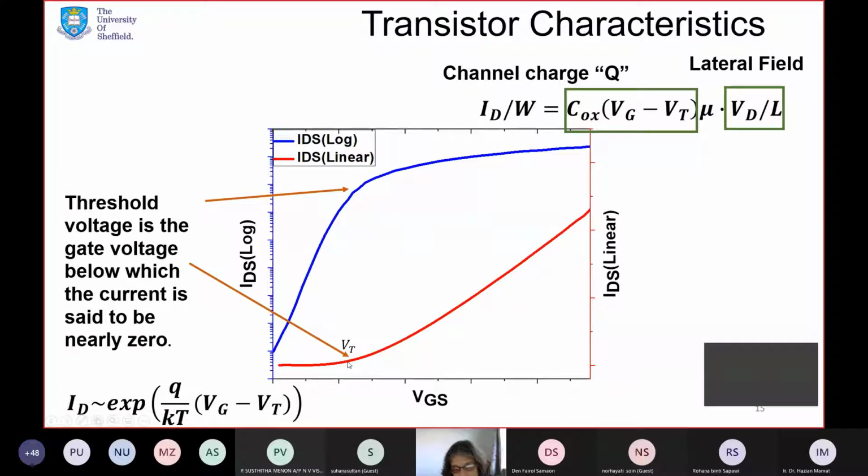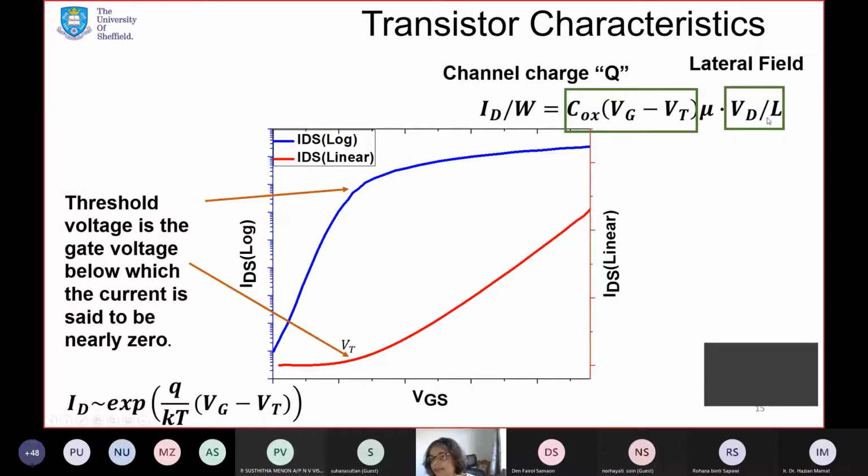But beyond this threshold voltage, you can see that the current increases linearly, and it's proportional to the charge, because charge is Q equal to C times V, and we subtract the threshold voltage from the gate voltage because that amount of voltage is required to create this inversion channel, and it's proportional to the mobility of these carriers, and it's proportional to the electric field which drives the carriers downwards in the case of this electron.